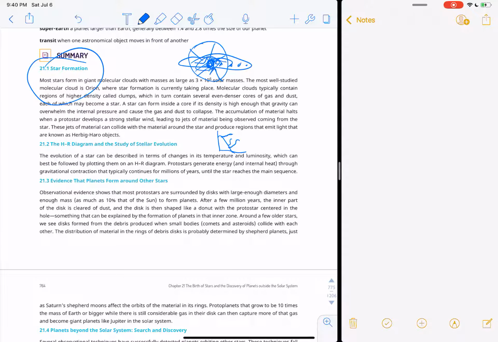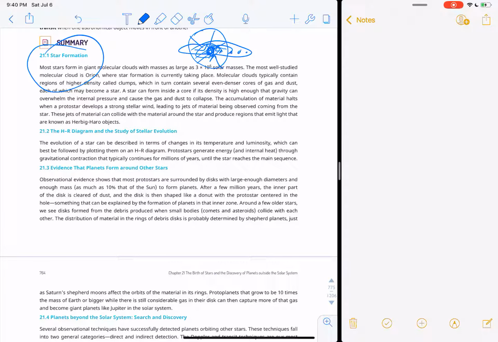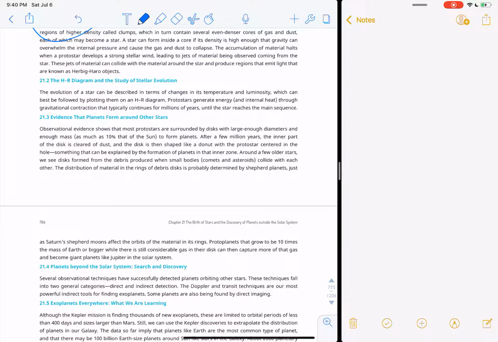They'll have certain evolutionary tracks where their brightness and temperature change rapidly, over shorter timescales, as they form into fully fledged stars. So even though the HR diagram generally helps us determine stars on the main sequence, it also helps us determine the evolutionary track of stars, or how stars change over time. That's an important thing.